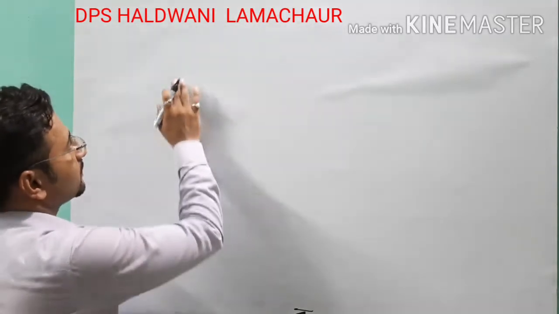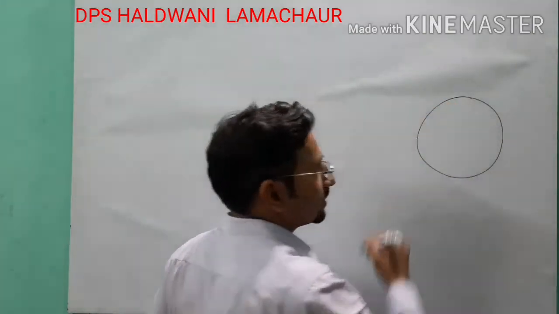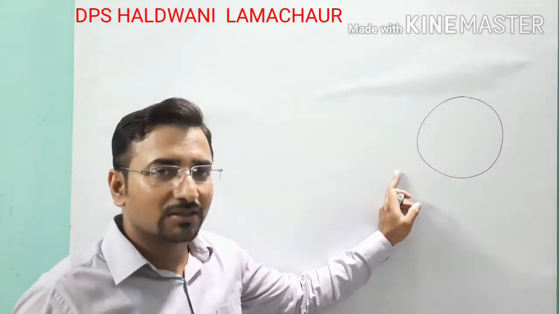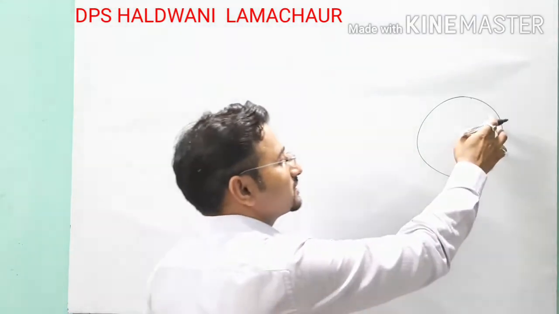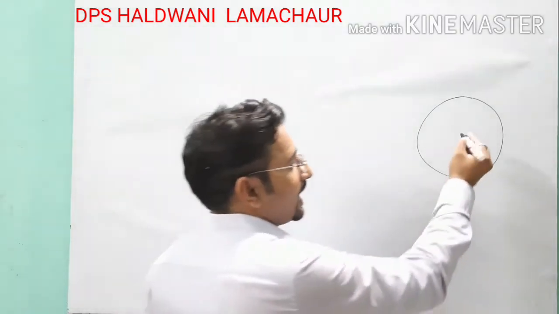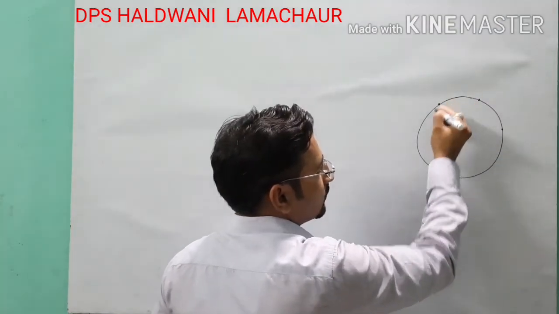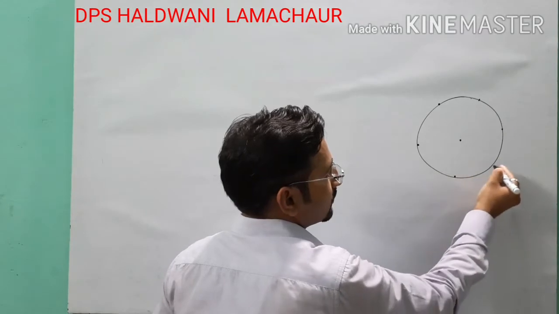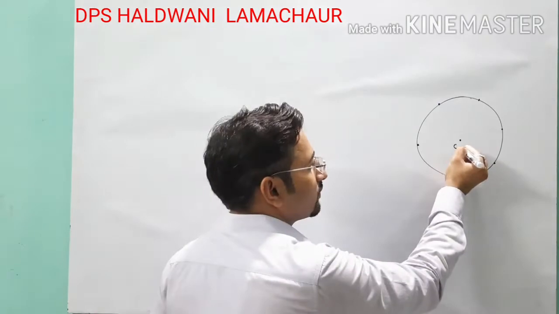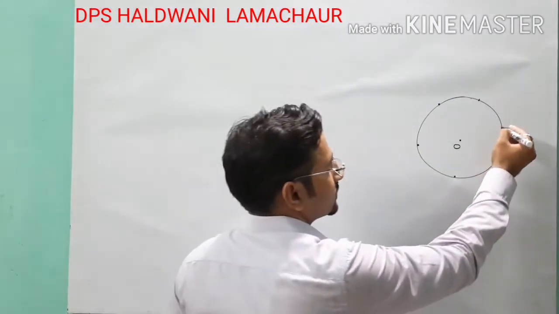As you know, when we talk about uniform circular motion, the object is moving in a circular path so that its speed remains constant but its velocity is changing, and at every time the particle is equidistant from a fixed point, which is known as the center of the circular path. So here one by one I will discuss today's topic.